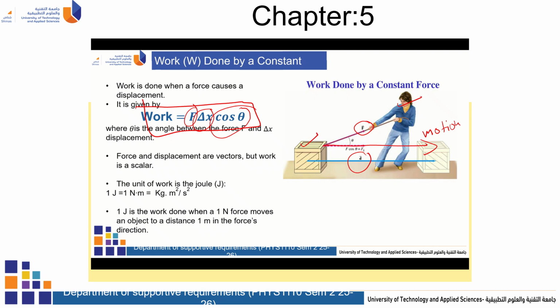Sometimes we show the displacement by d, or sometimes, like in this formula, we show the displacement by delta x, but both have the same meaning. In this formula, F is the force applied on the box, and delta x is the displacement, like from here to here.